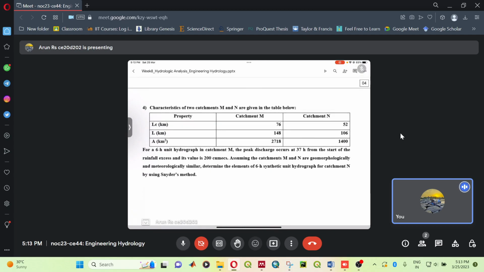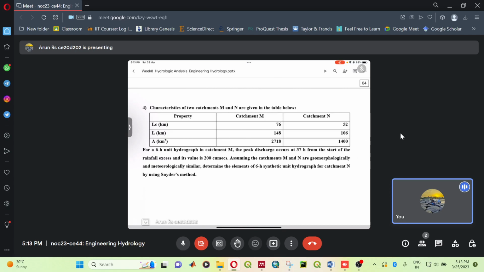So here we have two catchments M and N, and the properties of the catchment is given. Length along the centroid, the length of the drainage path, area. Now for a 6-hour unit hydrograph in the catchment 1, the peak discharge occurs at 37 hours from the start of the rainfall excess and the value is 200 cubics.